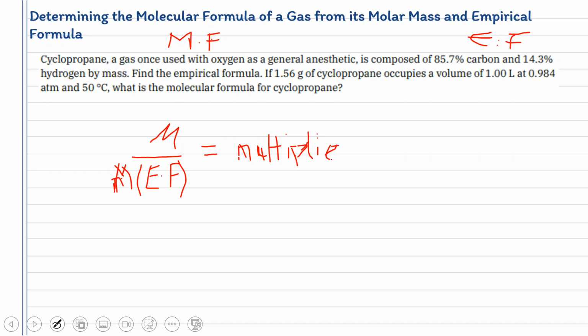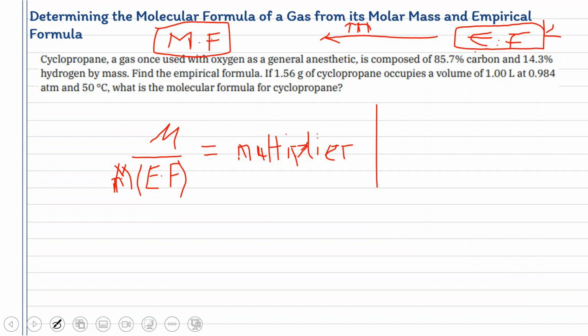What I mean by multiplier is, remember we said that this is the simplified form and this is the bulk form. So if I want to get the bulk form and I know the simplified form, I need a multiplier. That multiplier is going to get you to the molecular formula. So we want to find the multiplier. What is the mass of the empirical formula? Some people call that the empirical mass.